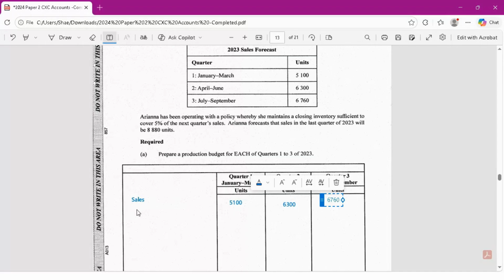Then, in order for us to find how much was produced, we add the closing inventory and subtract the opening inventory. Alright, so let's do that.